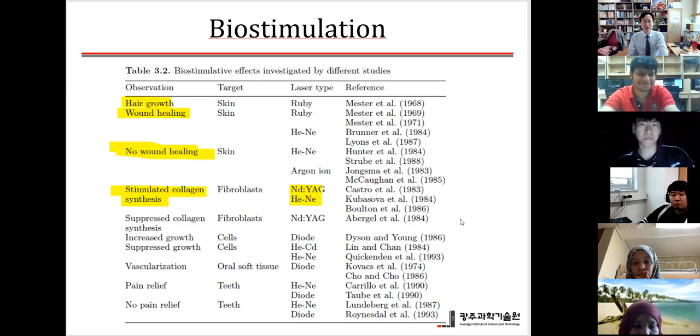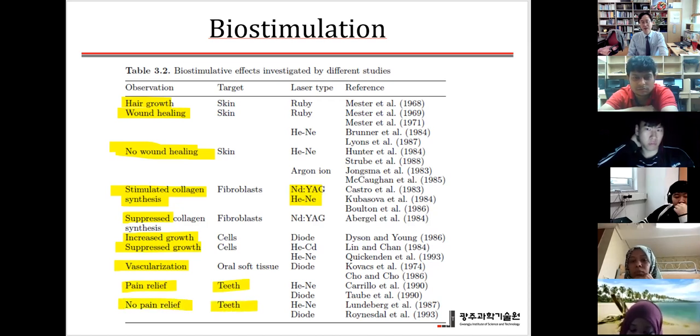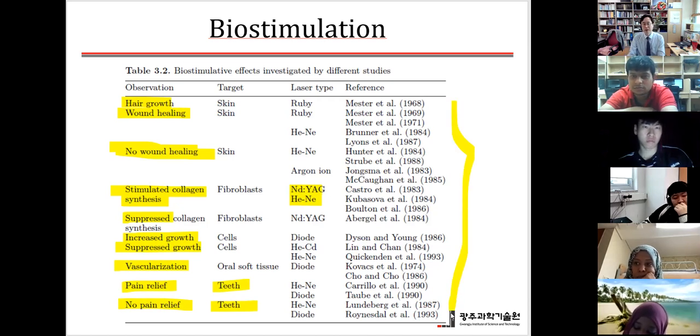However, other people found that it suppressed collagen synthesis. So it's kind of controversial. And also increased the growth of the cell, but also suppressed the growth of the cell. And promoting the vascularization, and relieving the pain for the teeth application, but no pain relief on the teeth. So these are actually quite old data, up to like 1993, you can see here.